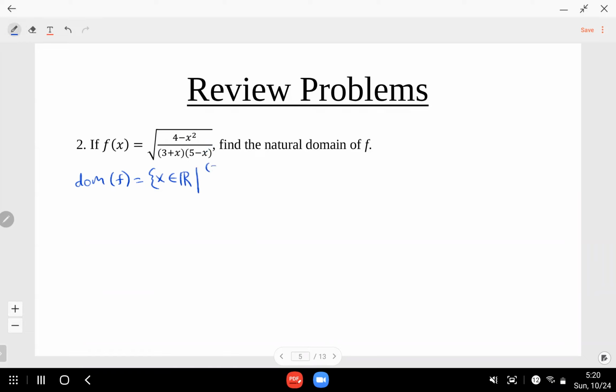That means that (2 minus x)(2 plus x) over (3 plus x)(5 minus x) has to be greater than or equal to 0. All right? And now that we have this, we can use our sign chart to solve it, right? So let's list out our intervals.